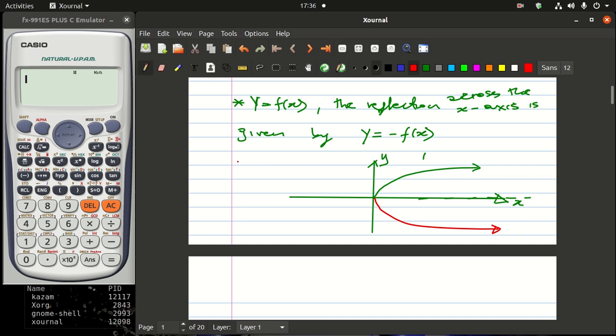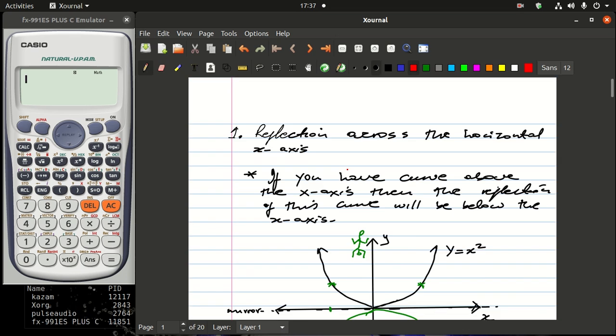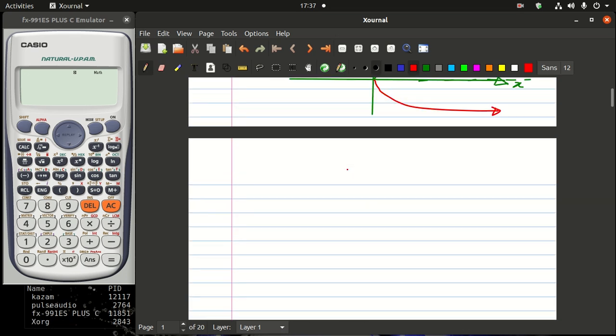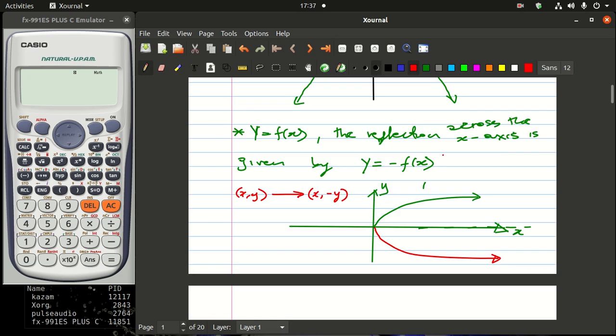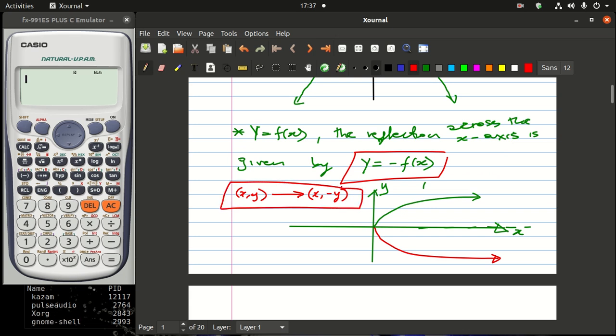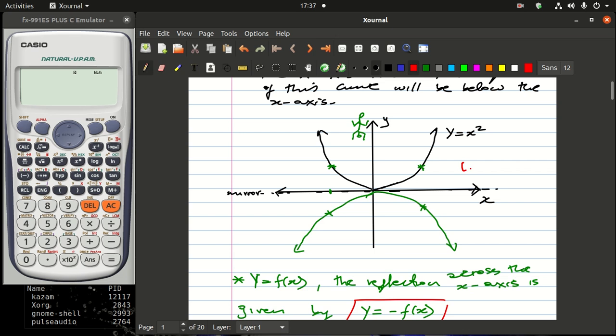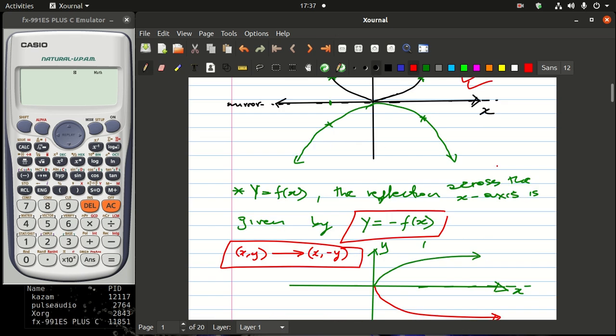In a nutshell, whenever I have x and y, it is reflected, and you will end up having the same x, but y will change its sign. So that's a reflection across the horizontal axis. This is also important when you're spotting a function, when you're dealing with a coordinate, and if I give you a curve.